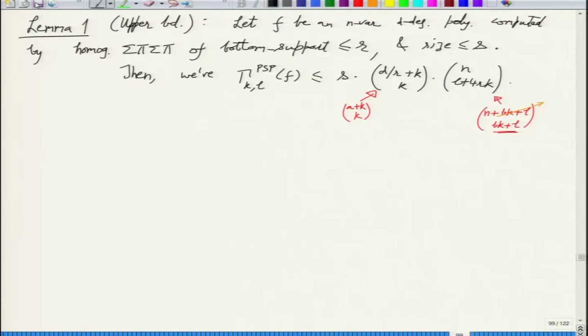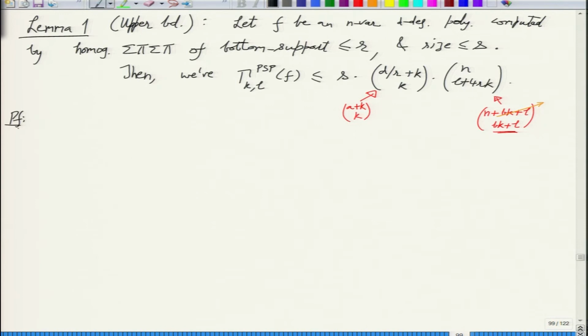I mean, it is exponentially large, but still in relation to the lower bound for determinant, this will be small. The comparison will be very similar to what we did in the previous proof for depth 4. Right. So that's the idea.